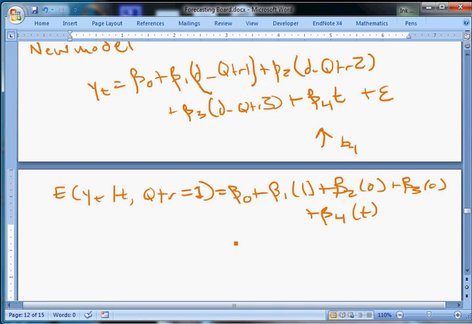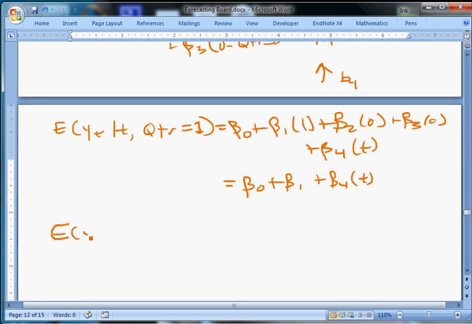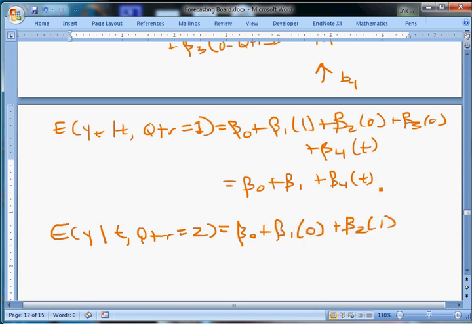So for first quarter data, we have beta 0 plus beta 1 plus beta 4 times T. What about second quarter data? The expected value of Y given T and quarter equals 2. That's beta 0 plus beta 1 times 0 plus beta 2 times 1, because we're in the second quarter, plus beta 3 times 0 plus beta 4 times T. And again, these cancel out. So we have beta 0 plus beta 2 plus beta 4 times T.